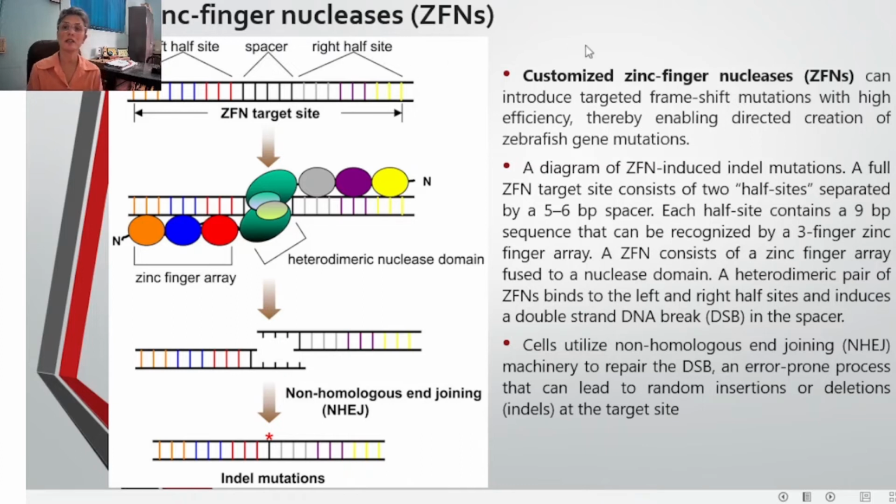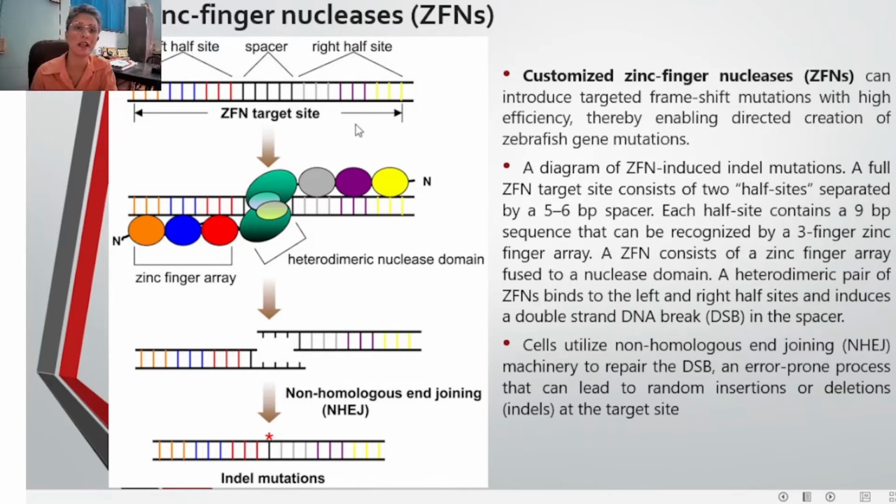Now another methodology is zinc finger nucleases, that is ZFNs. The customized zinc finger nucleases can introduce targeted frameshift mutations with high efficiency, thereby enabling directed creation of zebrafish gene mutations.